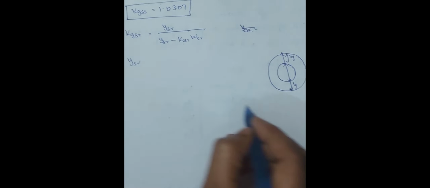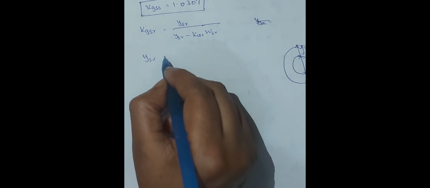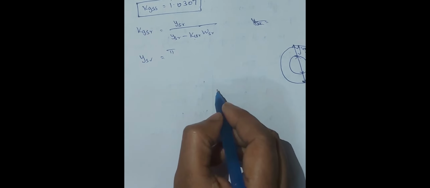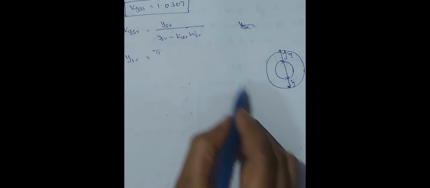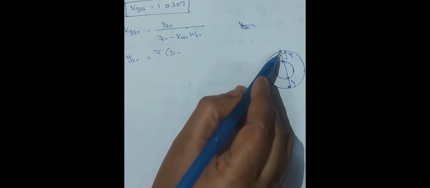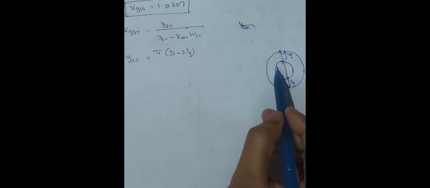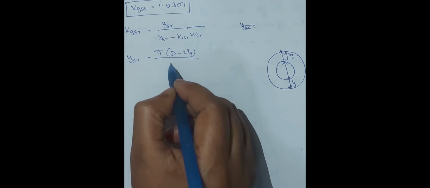So see here, YSR is equal to circumference, which we can find as pi into D. Instead of D diameter we'll have D minus 2LG, one LG here and one LG here. D minus 2LG gives the circumference of the rotor, divided by the number of rotor slots.